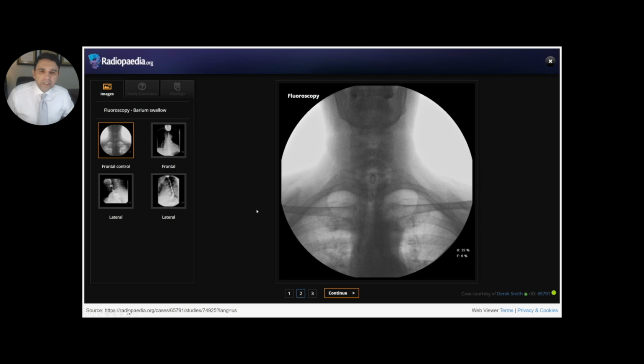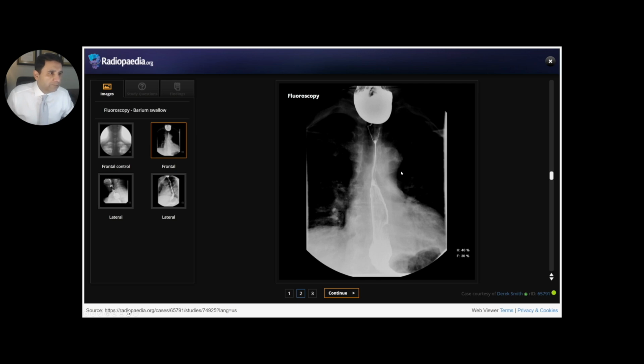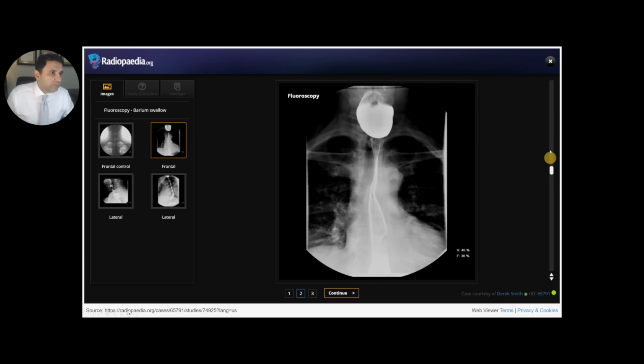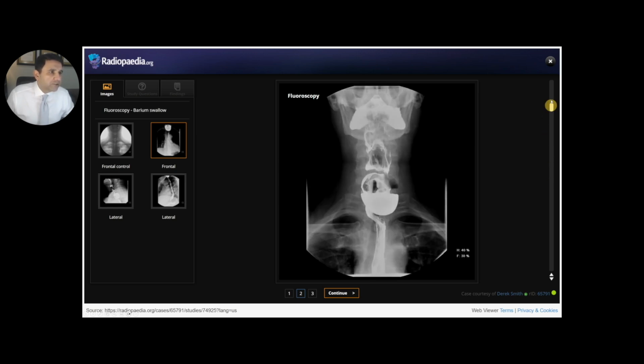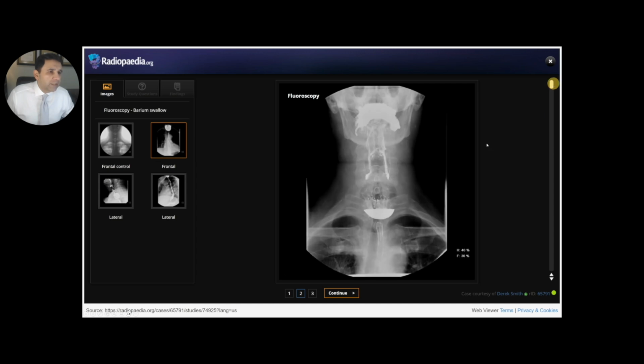So I'm going to show you some pictures which are going to highlight this pathology very clearly. And let's take a look at this one. So this is a barium swallow in a patient who has a Zenker's diverticulum. And what we're going to do is follow the barium as it goes down the esophagus, and it will highlight the Zenker's diverticulum for us.